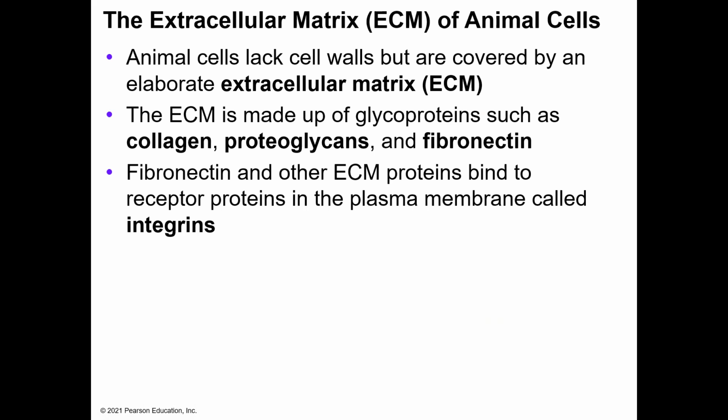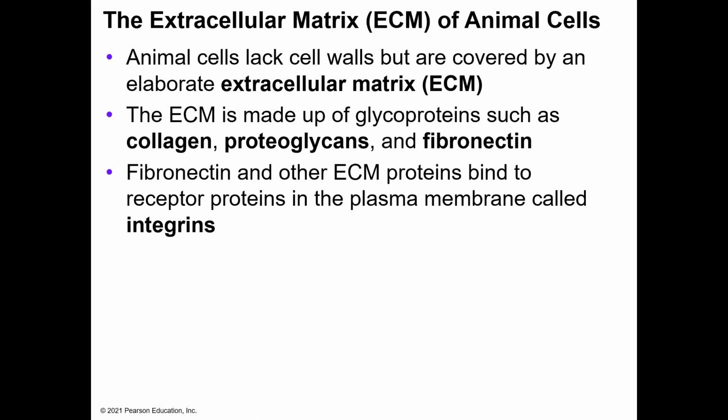Animal cells do not have cell walls, but they are covered by a very elaborate matrix called the extracellular matrix. The extracellular matrix is made up of glycoproteins such as collagen, proteoglycans, and fibronectin. These are all different kinds of proteins and carbohydrates that form these very complex structures.